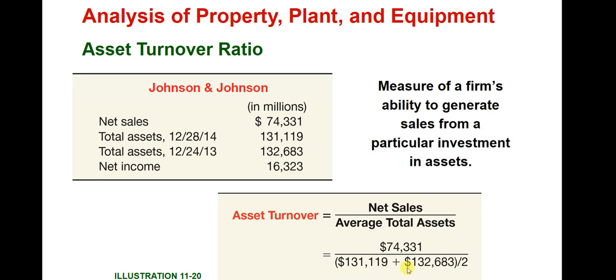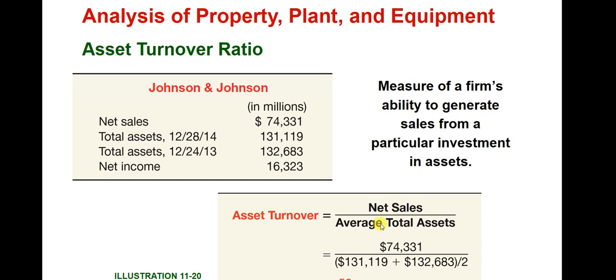What I do is I buy assets to generate sales. So how efficient am I in utilizing my assets to generate sales? My answer in this one, you can't see it, but it's 0.56. 56 cents of sales is generated per dollar of assets. So I would compare that to other firms in my industry, and compare it to last year to see if I'm getting better. Here's the problem with this one. That's sales. This ignores expenses.